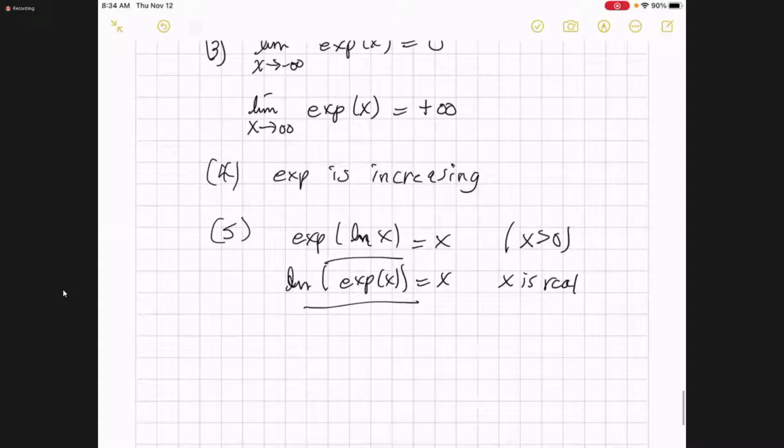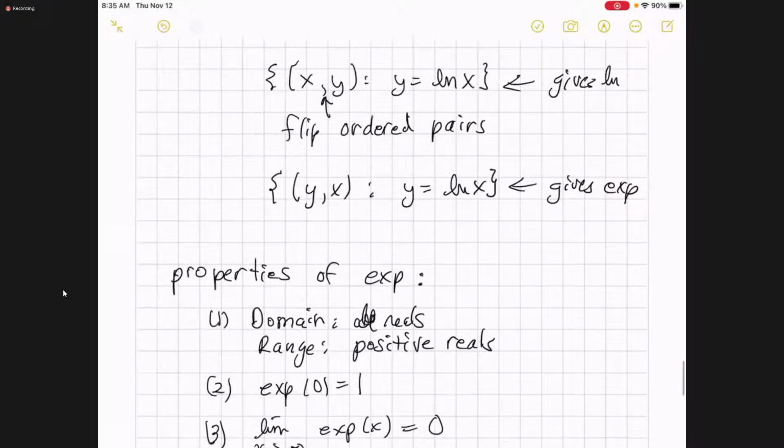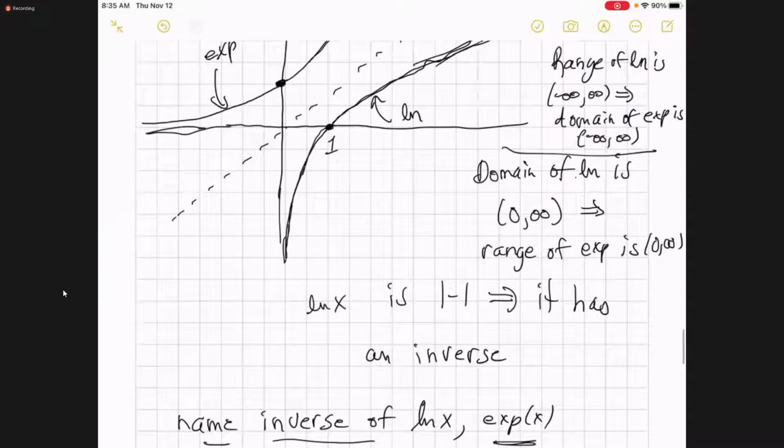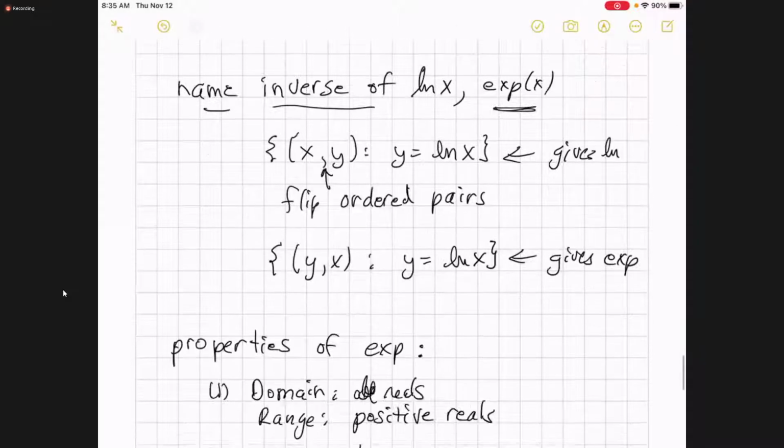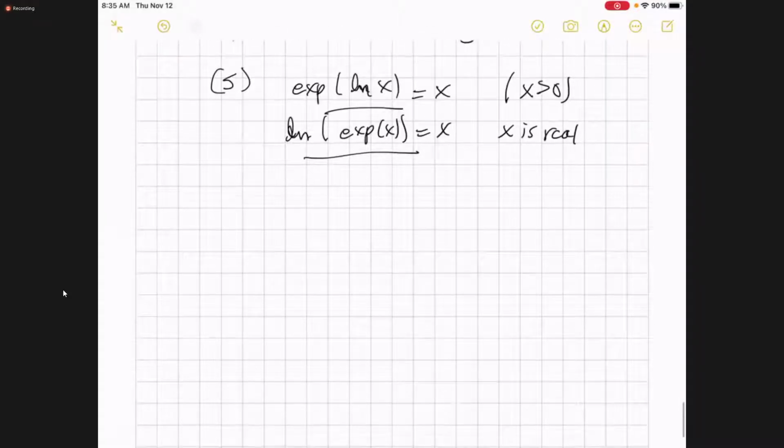All right. But I just wrote down this letter E. Okay, let me tell you what that is. We have shown that the range of the log function is all the reals. Okay. Let me draw the log function again.